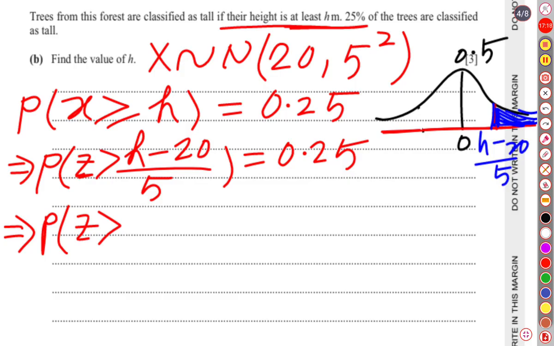So what we will do, we will find this one. If this portion is 0.25, what will be the left part? Surely this black shaded, dark part must be 0.75. I think you got my point.